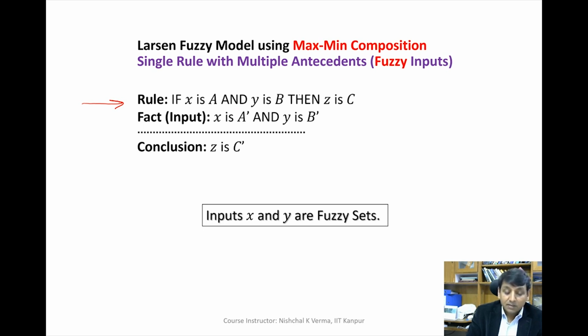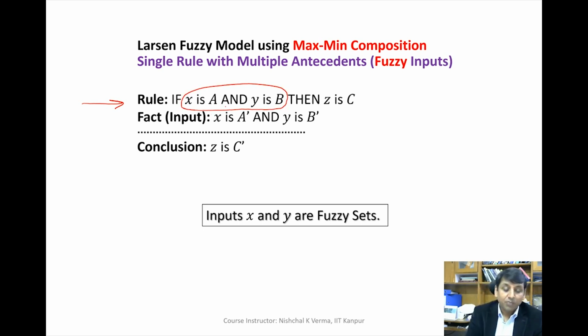But this model is defined by a single rule with multiple antecedents, so we can have multiple antecedents. For simplicity, we have here only two antecedents, but it can be even more.